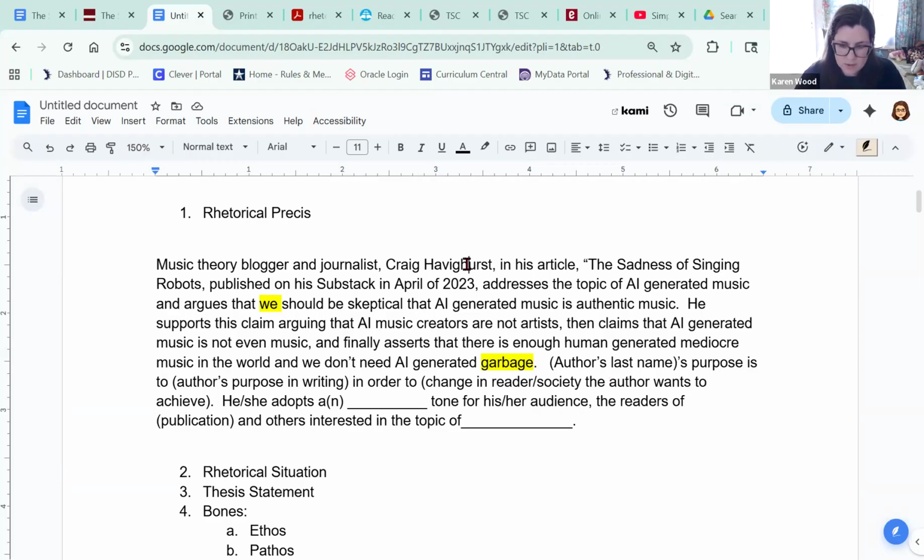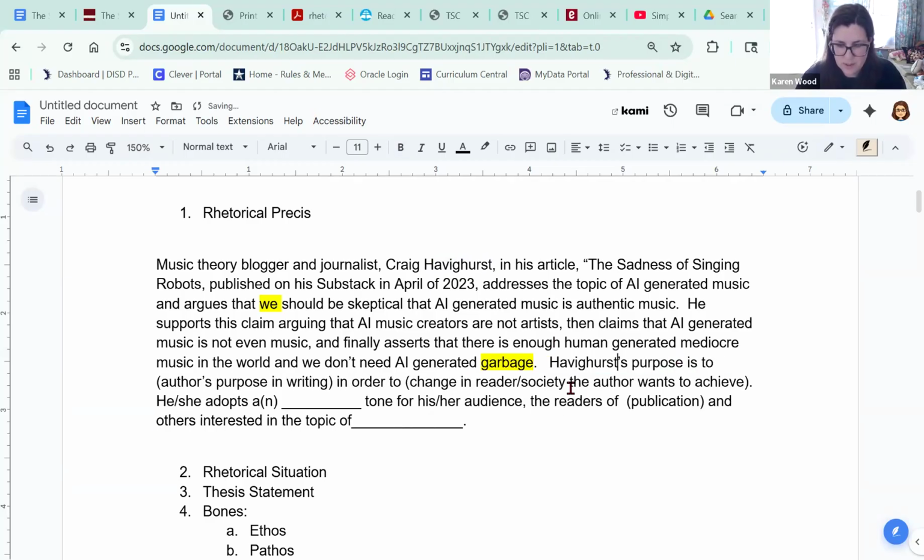Okay, I'm not going to type this out again. So I'm just going to put "Gerst", whoops, not bold. His purpose is to, now he has several calls to action in here.